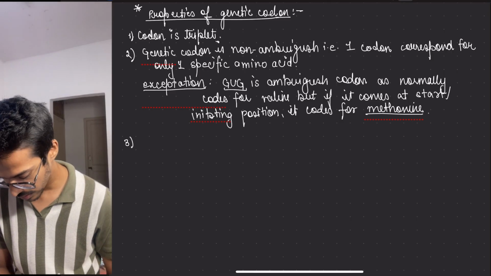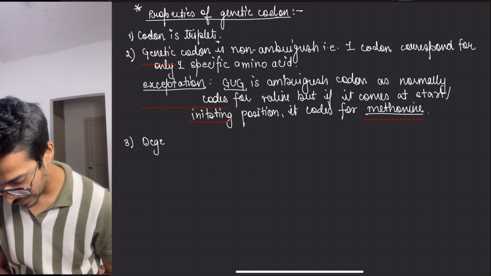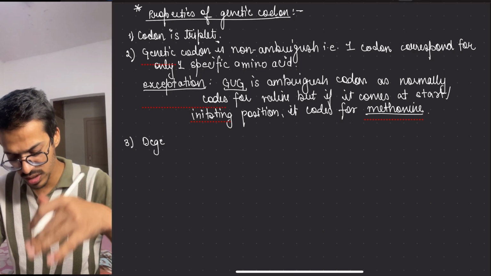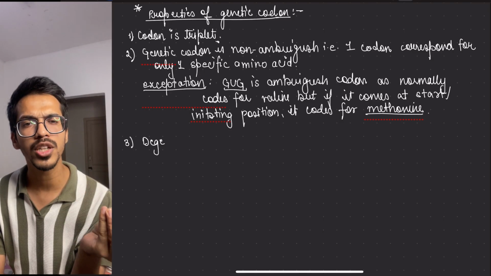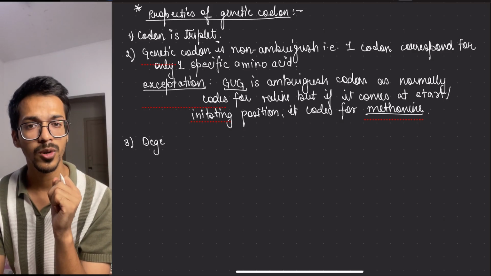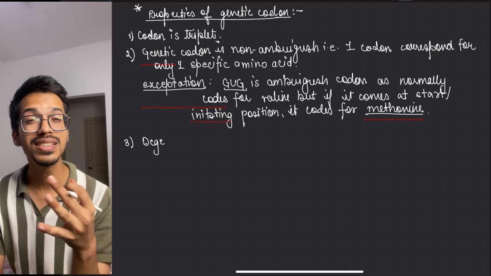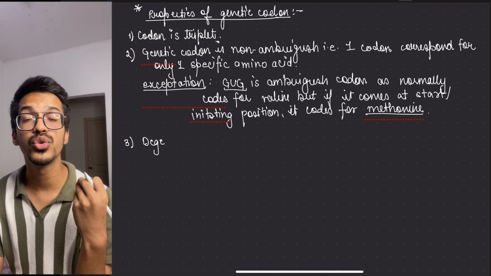Then the third one is the degeneracy of the code, which comes from this same fact. We know that the same type of amino acid is coded by two different codons. Why? Because of the degeneracy of the code, meaning the code is not very unique.